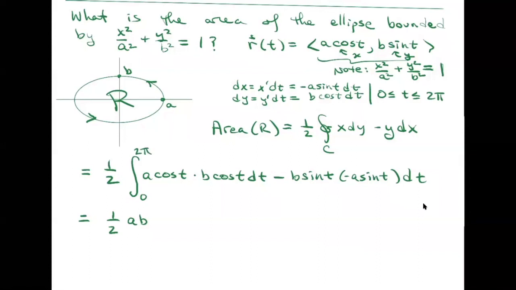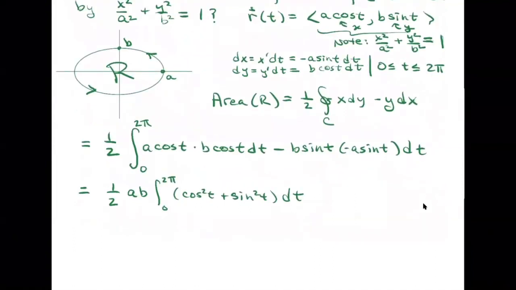So forgive me while we put a 0 to 2 pi down for the limits on t. Okay, so we got 1/2 ab integral from 0 to 2 pi, and inside all that's left is cosine squared t plus sine squared t dt. So that's just one. And so you end up with 1/2 ab times 2 pi, which is pi ab.